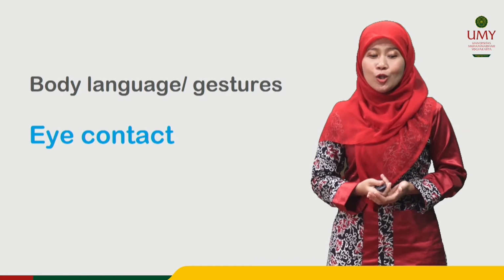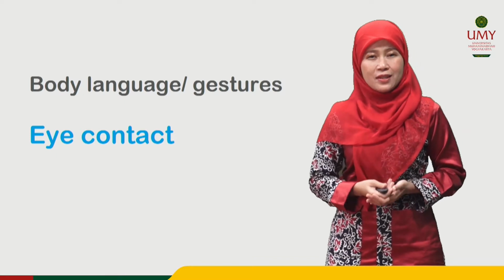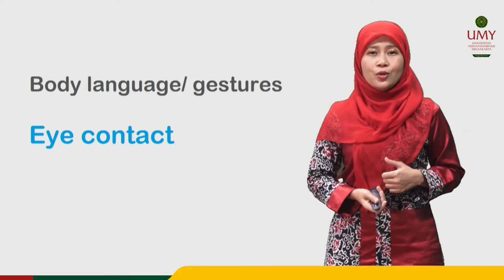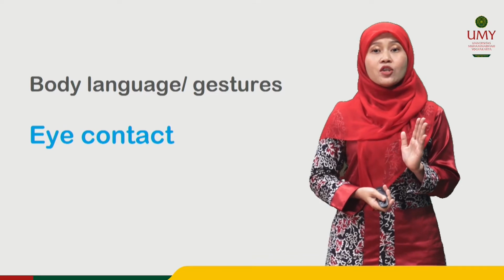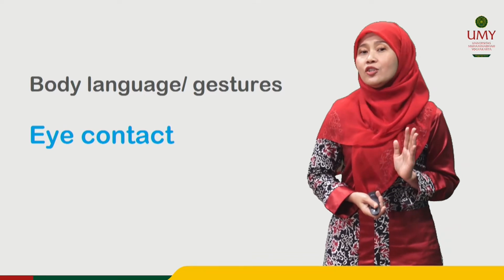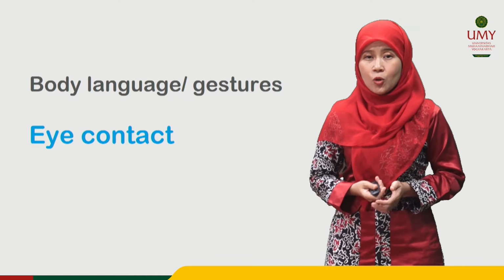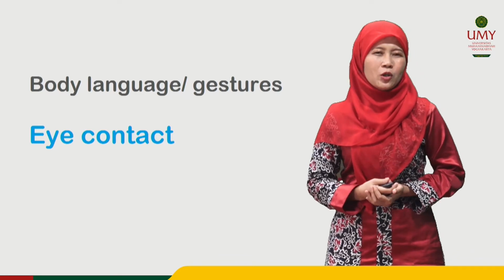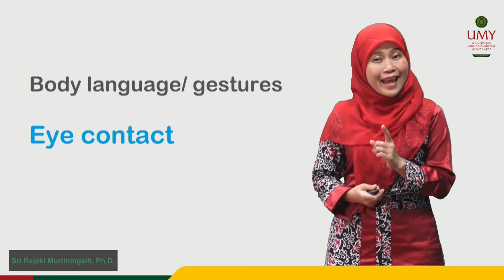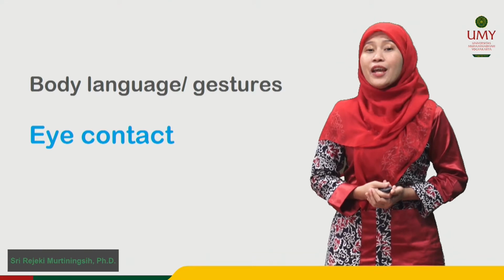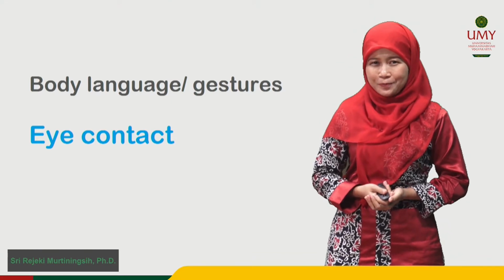Instead, look at the audience's faces. Also, you need to move your gaze across the room so that nobody in the audience feels ignored. I know it's very difficult, but remember, they are your friends. They are there to support you as well.